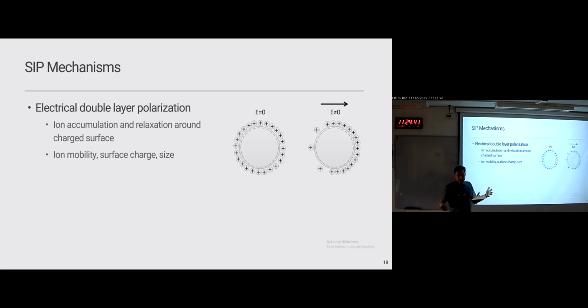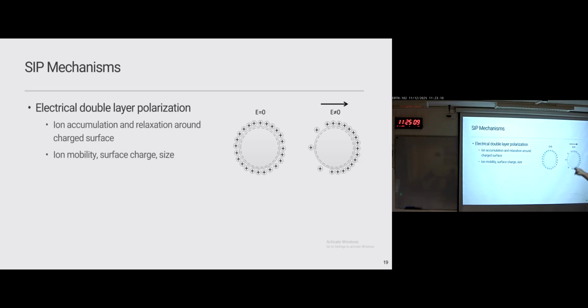As you know, when we take a particle, most natural particles possess some net negative charge. And when we put it in electrolyte, counter ions, cations in this case, are attracted to compensate for this negative charge, and this is the electrical double layer. This is under static conditions.